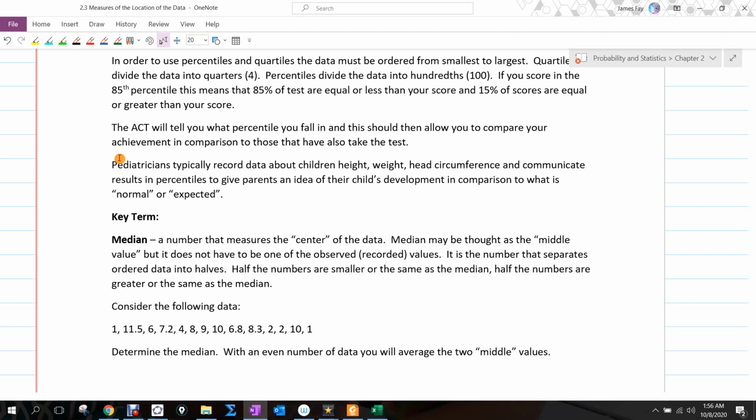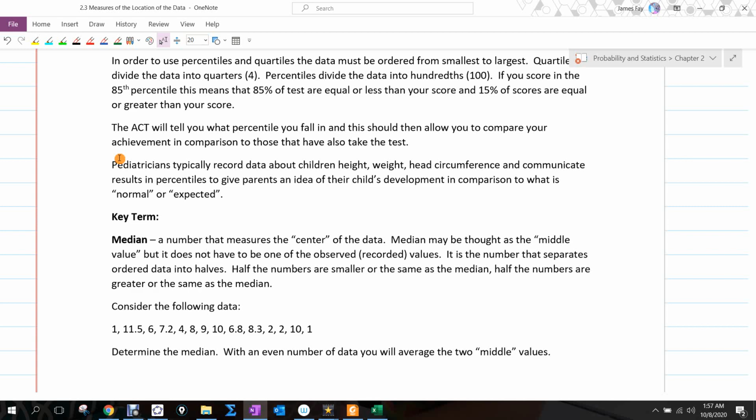A lot of times with therapies, they will do standardized tests with people to determine their deficiencies, and then they'll go through therapy, and then they'll give them the test again, collect the data, and then compare that to the rest of the population and determine, okay, are they back to normal? Are they back to what's expected of them?